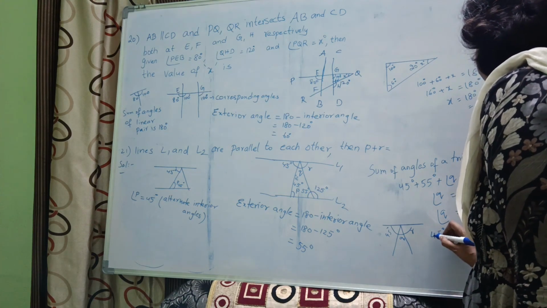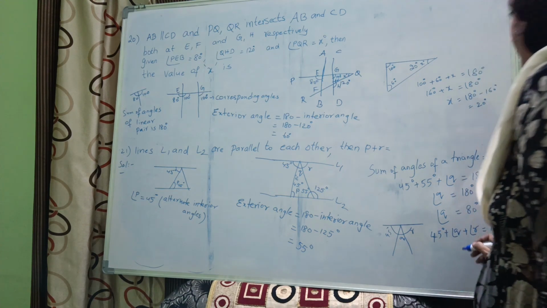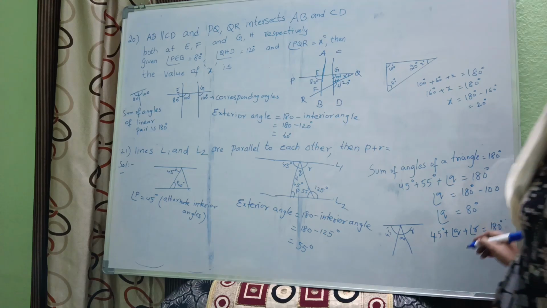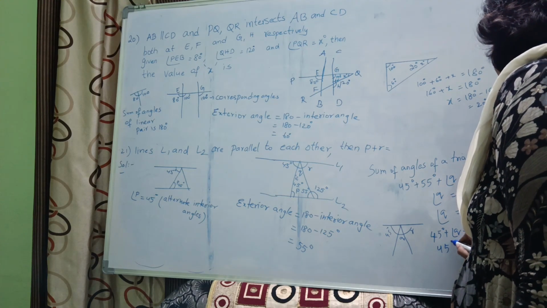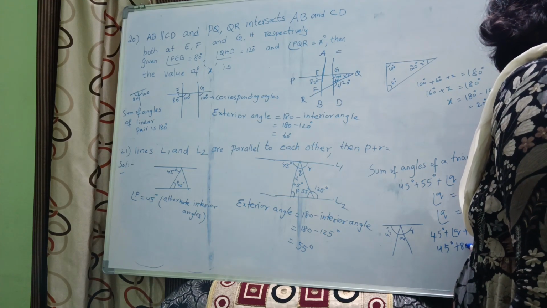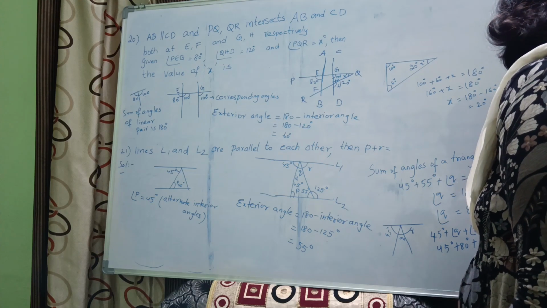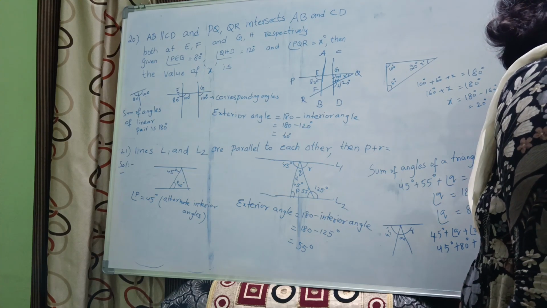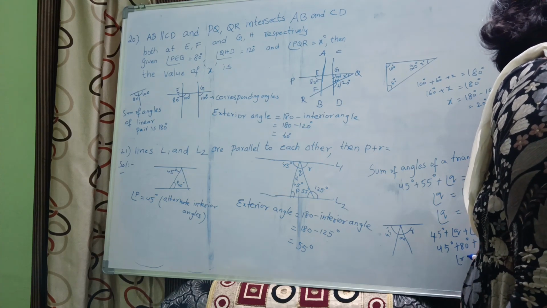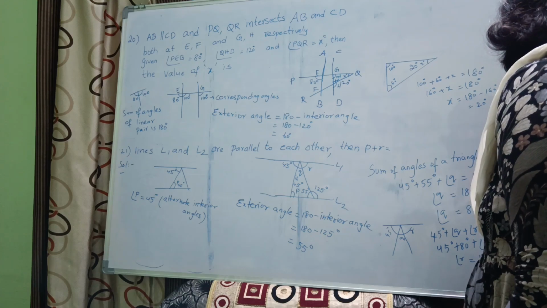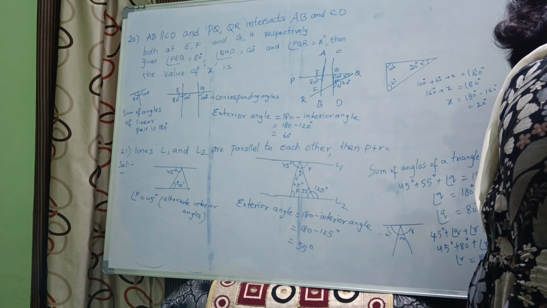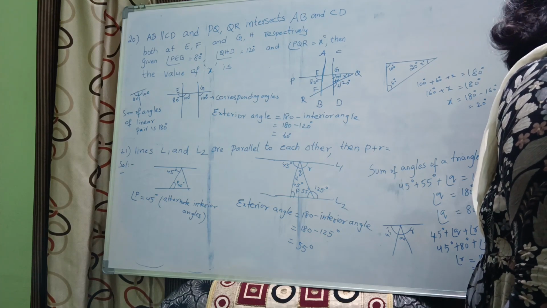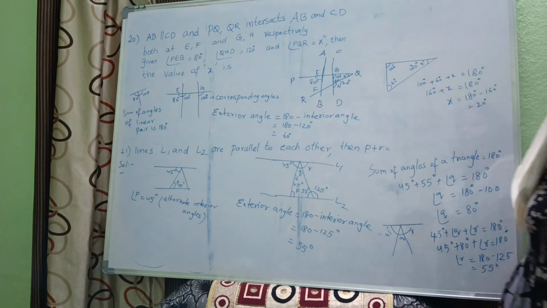What is angle Q? We got 80. So 45 plus 80 degrees plus R is equal to 180 degrees. So R is equal to 180 minus 125. That is 55 degrees.